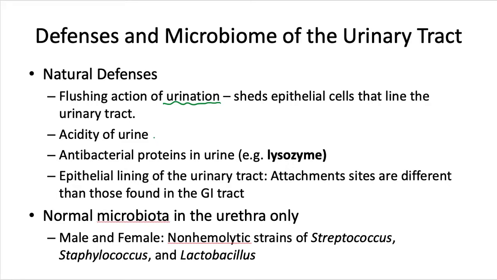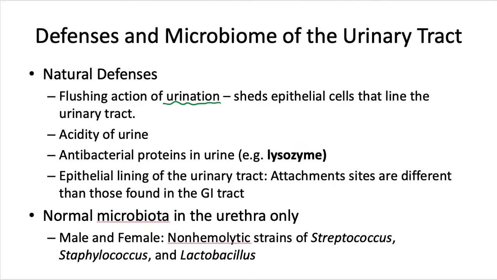Urine is also fairly acidic, so that's another first-line defense mechanism. There are antibacterial proteins found in urine, like lysozyme. We've covered lysozyme quite a bit in the first, third, and fourth units. Lysozyme is that antimicrobial enzyme that breaks down peptidoglycan cell walls.